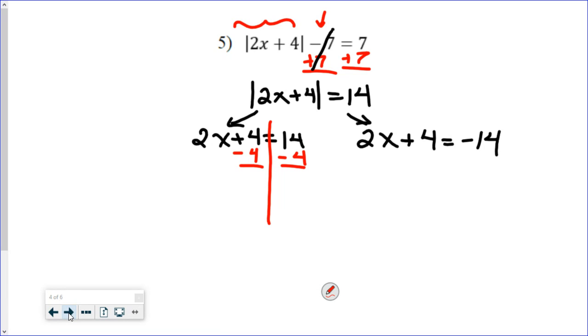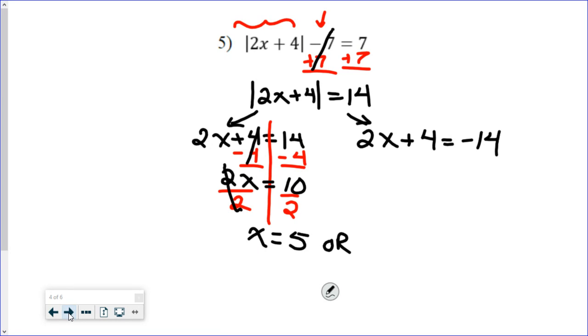So when I minus 4, that part goes away, but I still have a 10. Dividing by 2 gives me a 5 here. And now I get to go back and do the other one. It's a little different. Again, now I'm going to minus 4.